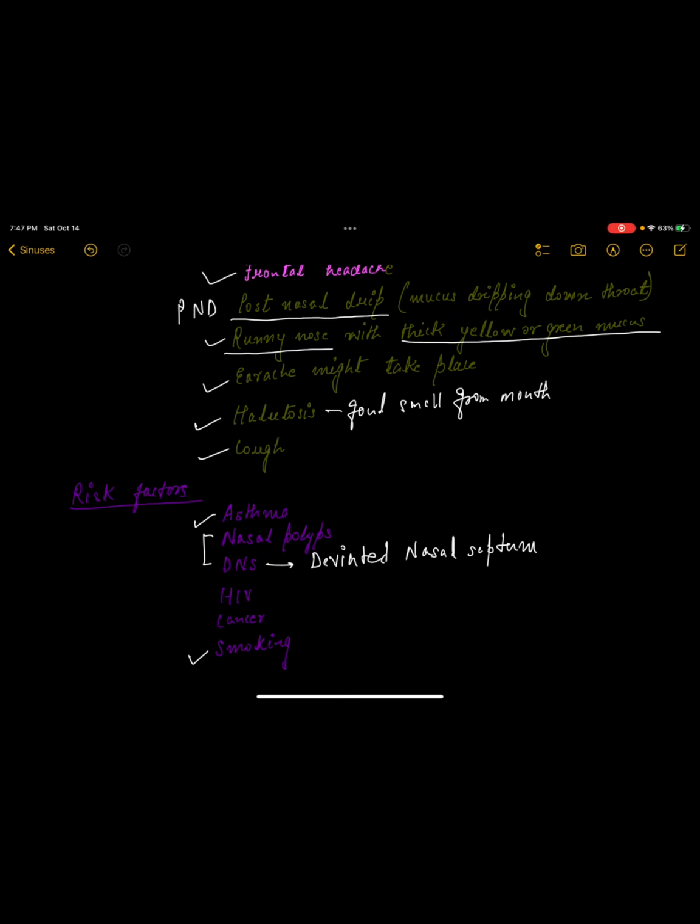These symptoms develop because the mucus coming from the sinuses won't reach the nose.